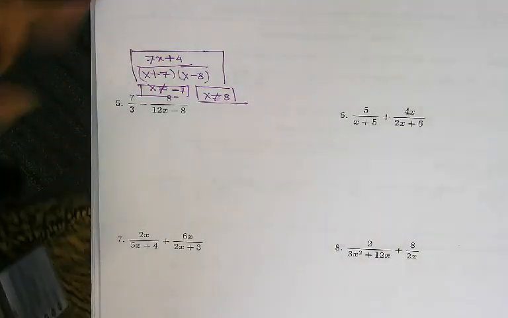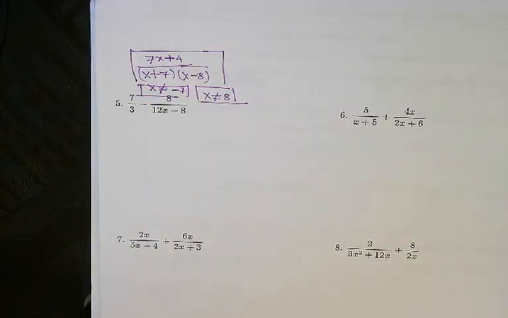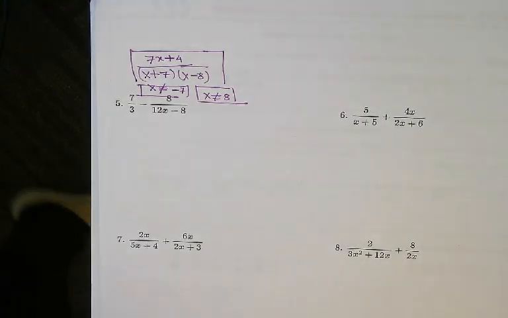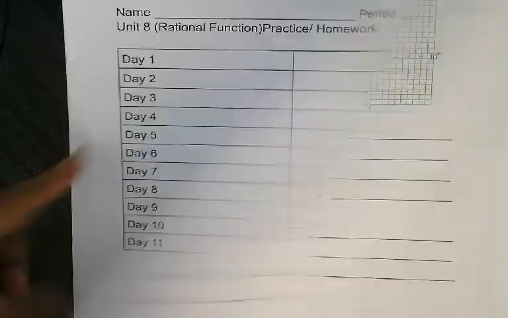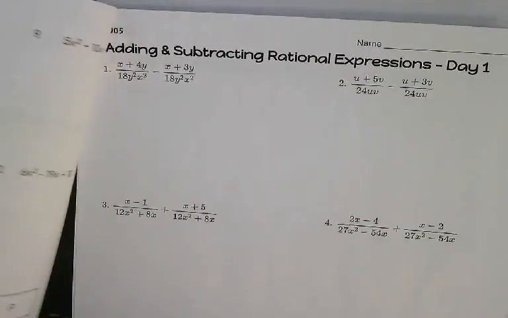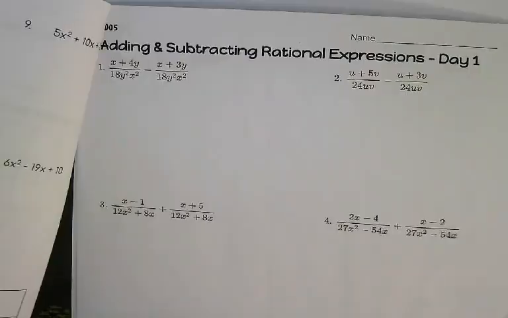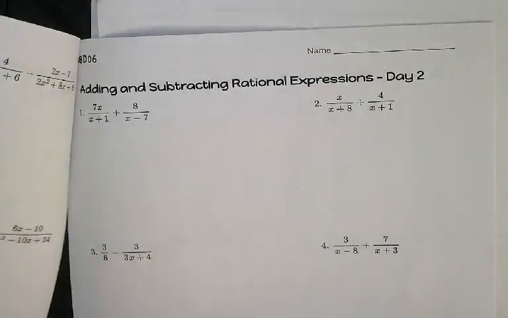Let me talk about the homework. Go to your homework packet, and you already did day 1 for adding and subtracting rational expressions. You are just going to work on day 2. There are 12 problems on that one.